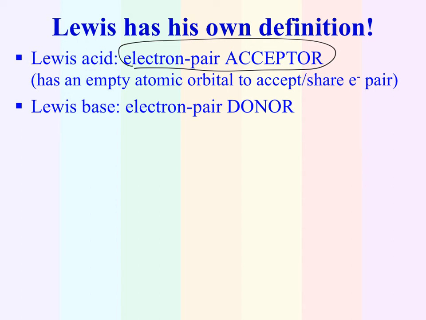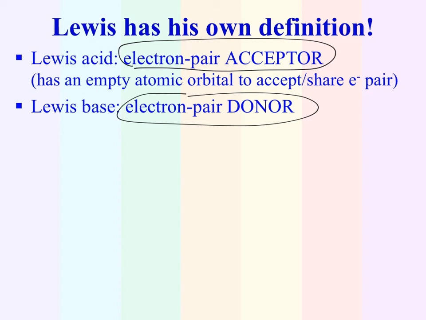In the case of a Lewis acid, you have the ability to accept electron pairs. Basically that means that it's going to have an empty orbital or something of that sort to allow it to accept electrons from the Lewis base. On the other side of this, a Lewis base is the electron pair donor.